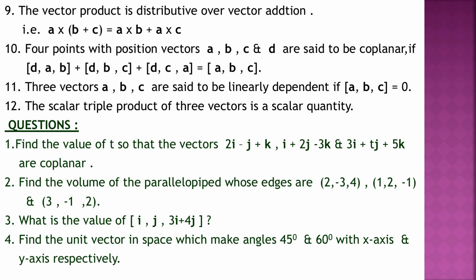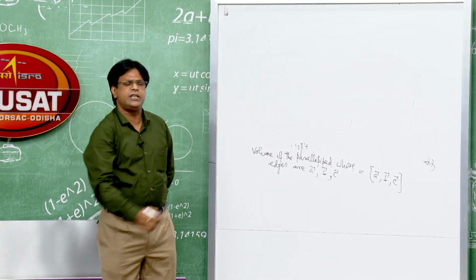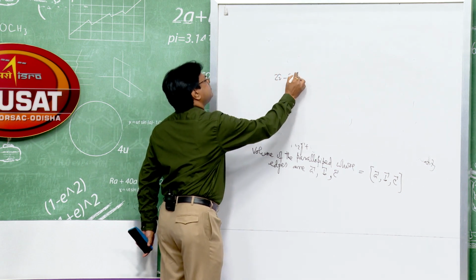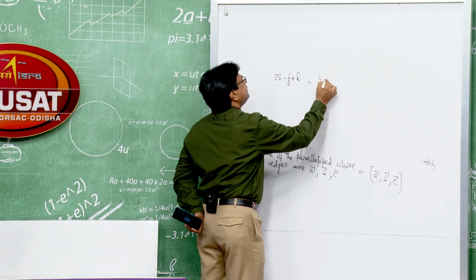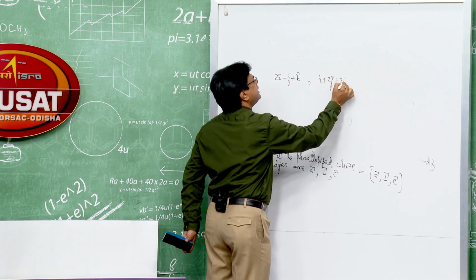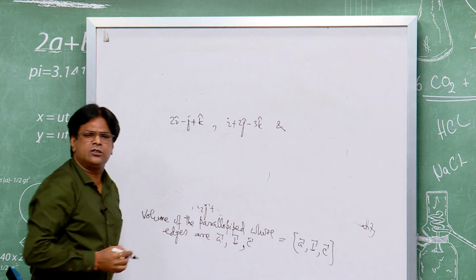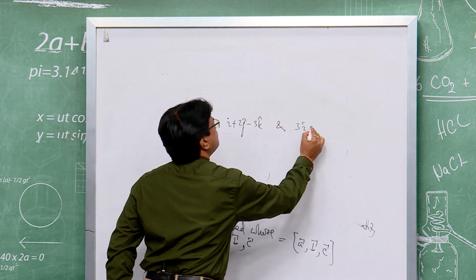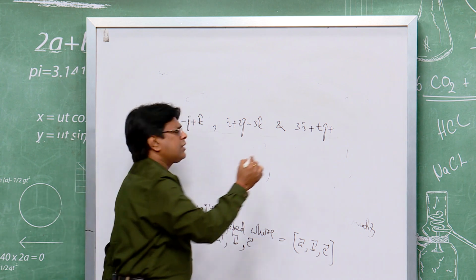Now the question: find the value of t so that the vectors 2i minus j plus k, i plus 2j minus 3k, and 3i plus tj plus 5k are coplanar.